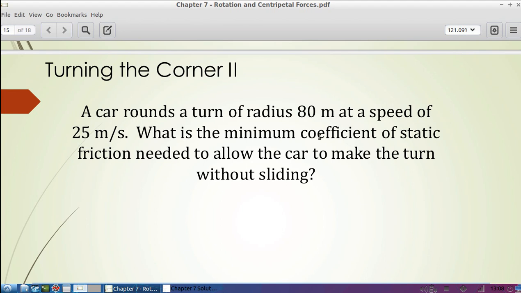Maybe they want to make the road out of something with higher grip so people can negotiate that turn, something like on a highway where people are going 65, 70 miles an hour. So I've got a radius of 80 meters, and the car is traveling at 25 meters per second. We need to know what the minimum coefficient of friction has to be so that the car can safely travel at this speed around the turn.